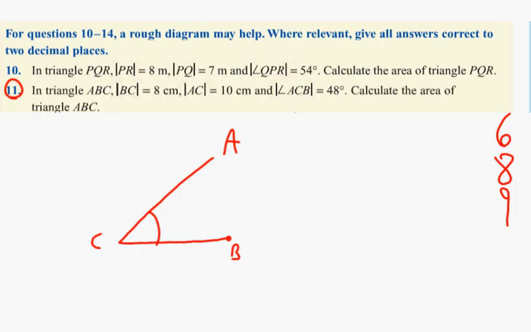Oh, sorry, I'm doing question 11. So 48. Now, it says that BC is 8 centimeters. AC is going to be 10. And then we got to look out for what AB might be.